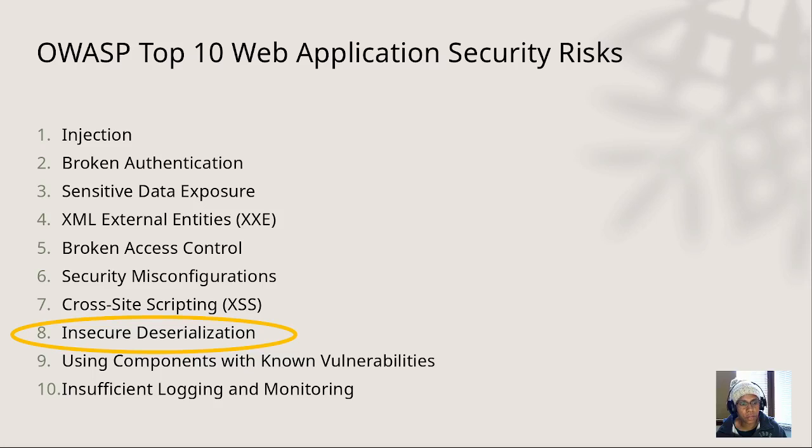The one we are talking about today is the eighth on the list, insecure deserialization. There's also the other one that's known by a lot of people, XSS or cross-site scripting, which is just before insecure deserialization. I am going to be talking about insecure deserialization, but being in this field, it's also important to try to understand the other vulnerabilities as well.